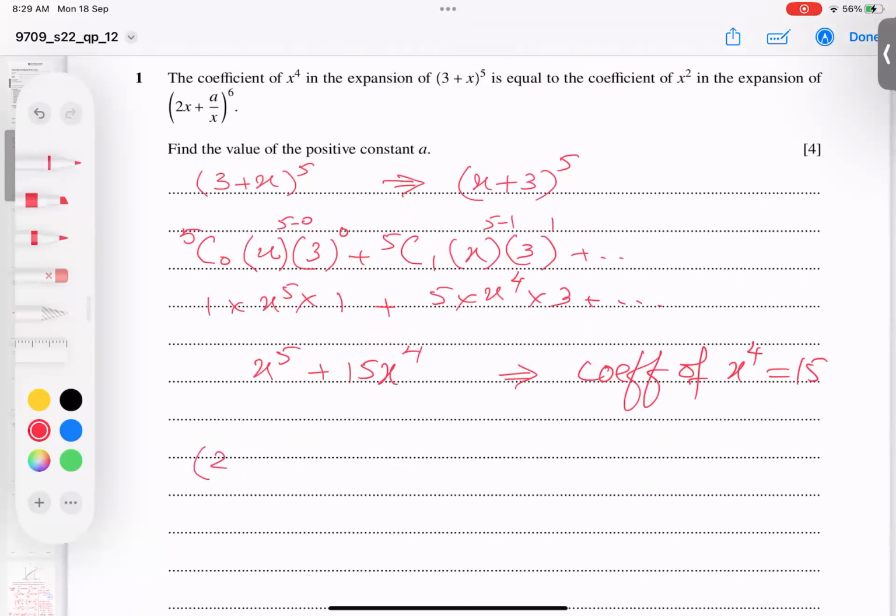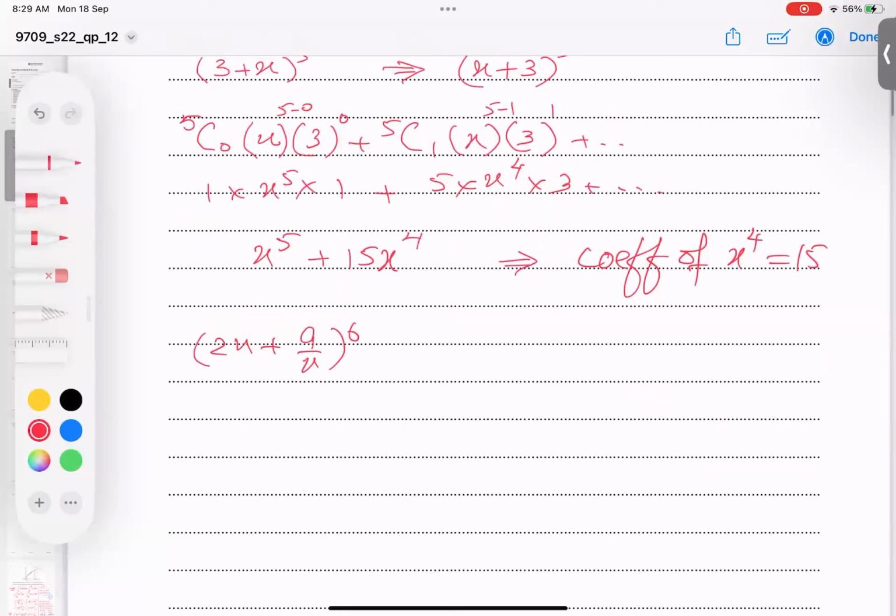The second one is (2x plus a upon x) to the power 6. 6C0, two brackets, 6C1, two brackets, 6C2, two brackets. Let's try. If I expand here, 2x comes from here, and a over x comes from here. Same here, 2x, a over x, 2x, a over x.